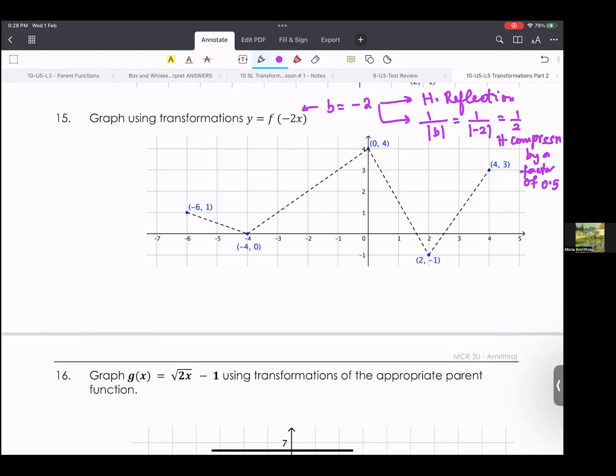So in this particular case, there are a few cases where you have to pay attention to the order in which the transformations happen. But when it comes to stretches and reflections, you can interchange the operation. It's like saying, is it going to be different if I first multiply by negative and then multiply by 2, or if I multiply by 2 and then include a negative sign?